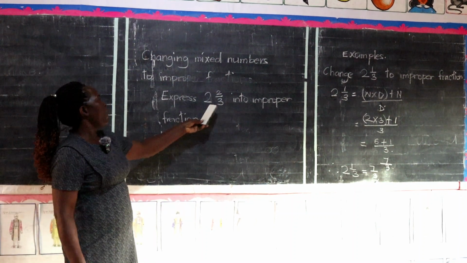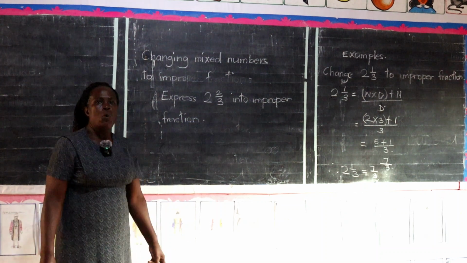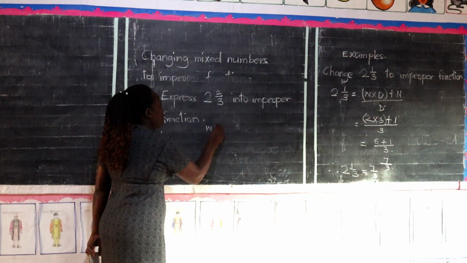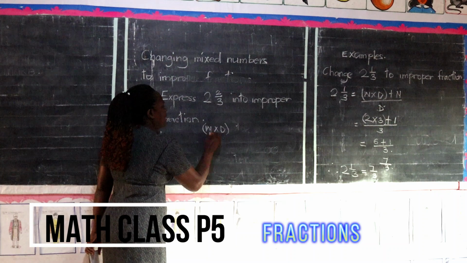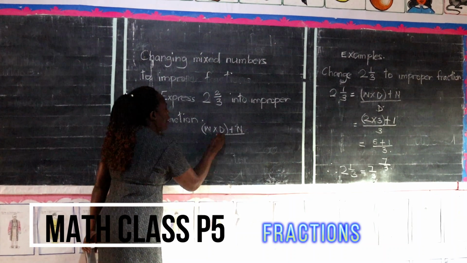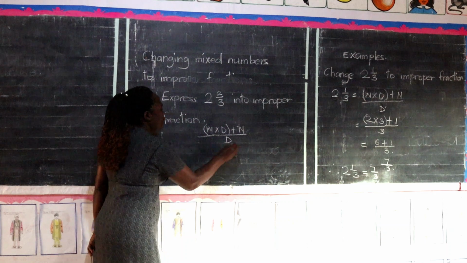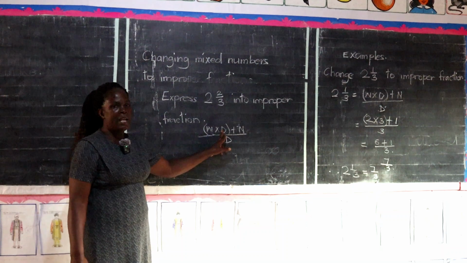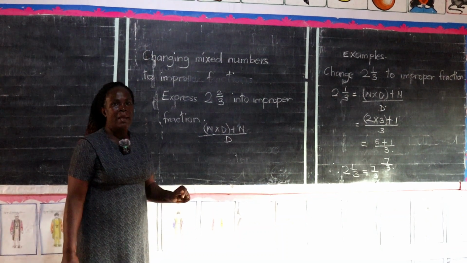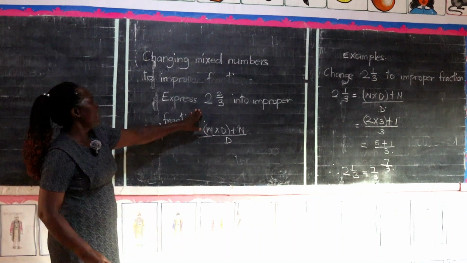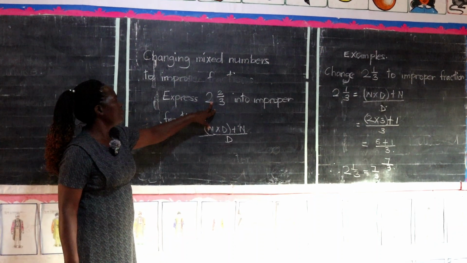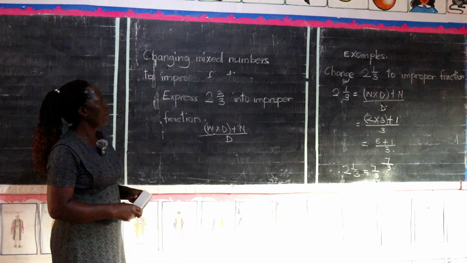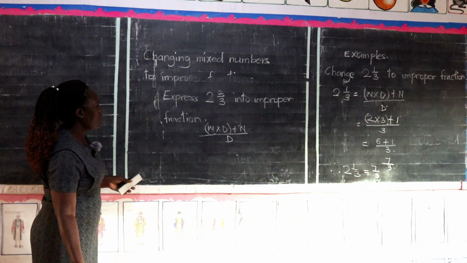When you are changing mixed numbers to improper fractions, we use our formula, which is W times D into bracket plus N, the whole thing out of D, whereby W is the whole, D is the denominator, N is the numerator. So now in this number, 2 is the whole, 3 is the denominator, and 2 is the numerator.